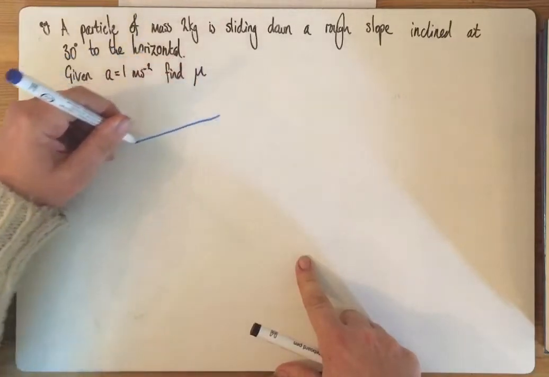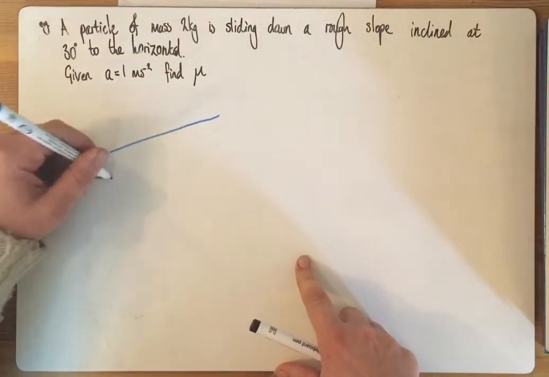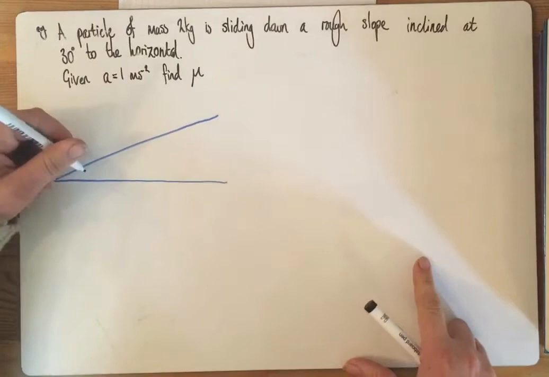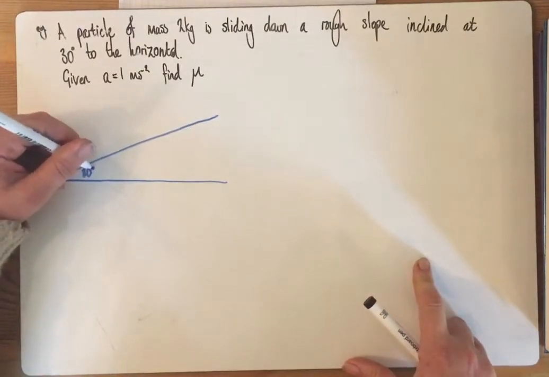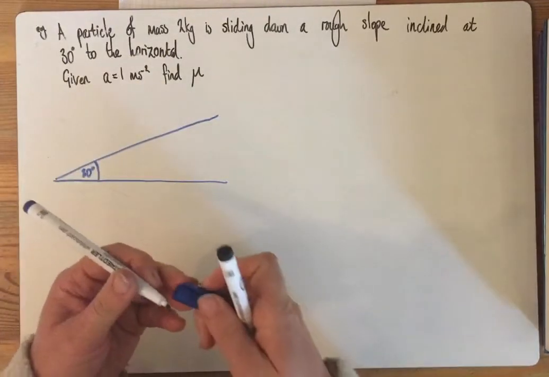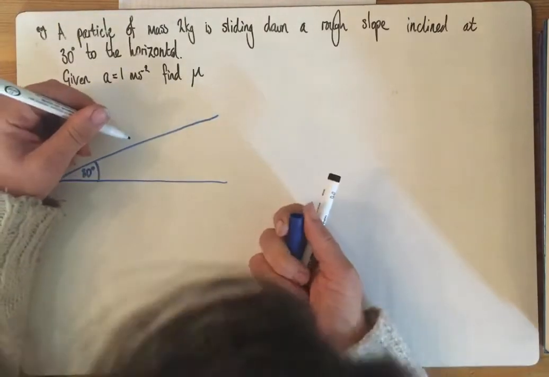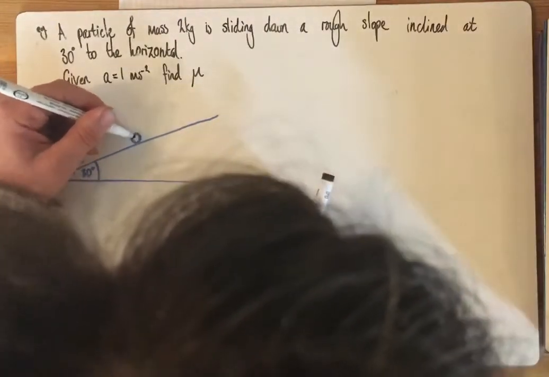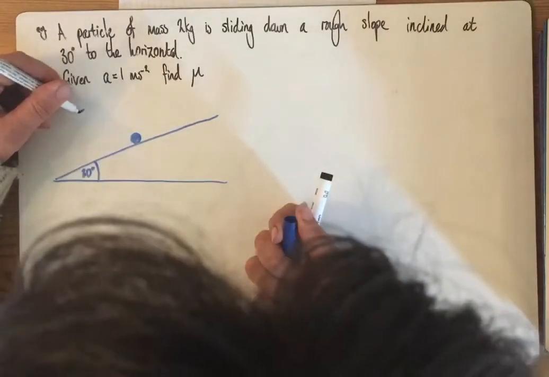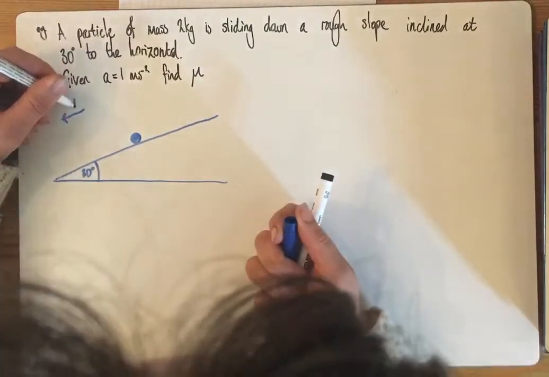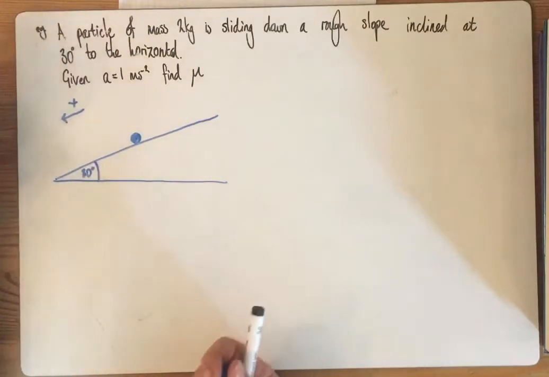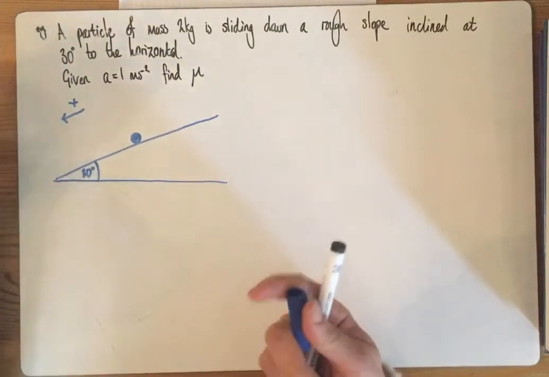So you should be able to do a sketch from there without any problems. So we have the slope, inclined at 30 degrees to the horizontal, and the particle is sliding down the slope. So I'm going to take that as my positive direction, the direction of motion.